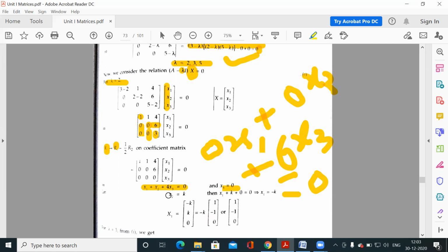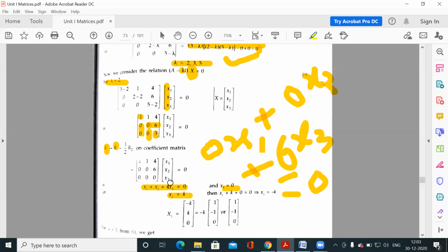So independent means for that variable we can select any real number. So one variable is independent. So this is your first equation. This is your second equation. Now from the third equation, 0x1 plus 0x2 plus 0x3 is equal to 0. So means here all three variables are independent, but from that relation we know that only one variable is independent.